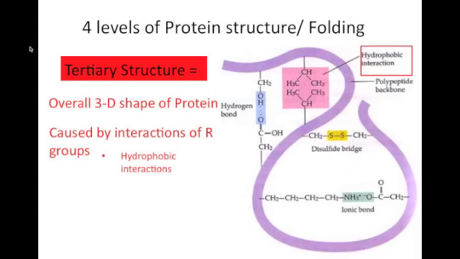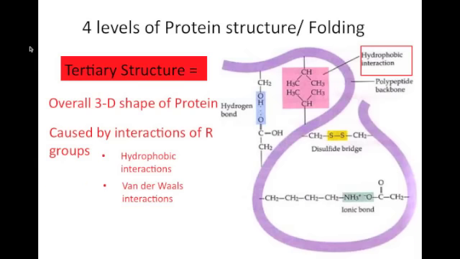So what's going to happen is all of these nonpolar R groups are going to fold inward and be at the core, or the center, of the protein. So in your notes, by hydrophobic interactions, amino acids with nonpolar R groups end up clustered at the core. They fold inward.